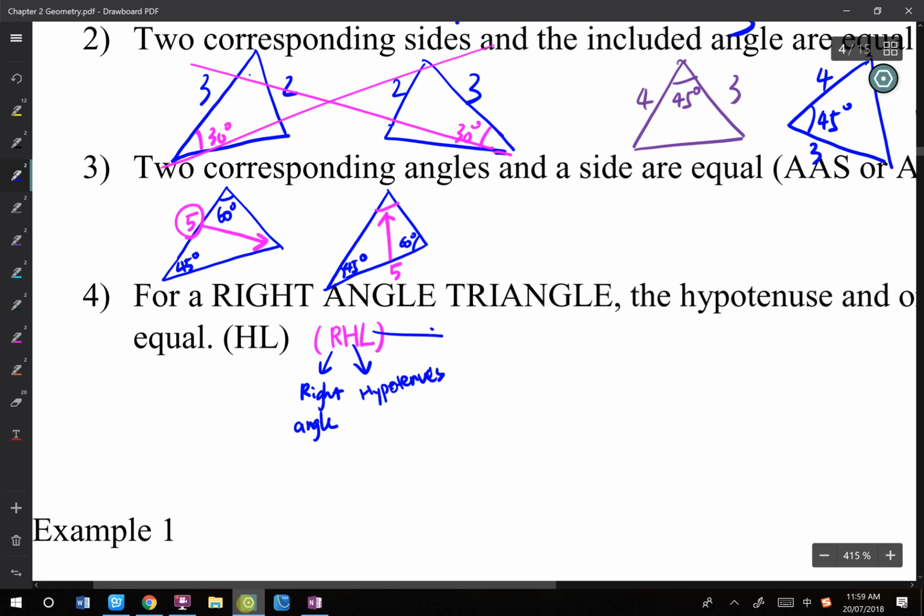And what does L represent? The straight side, the shorter straight side, like any straight side. I should say any corresponding straight side.